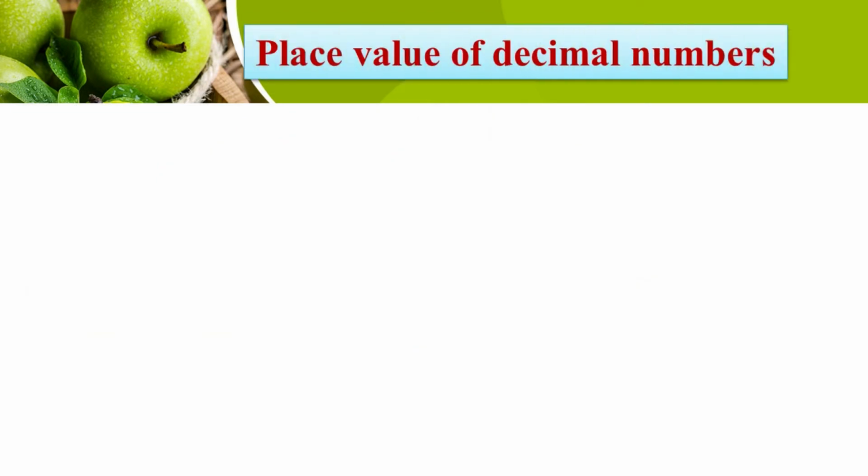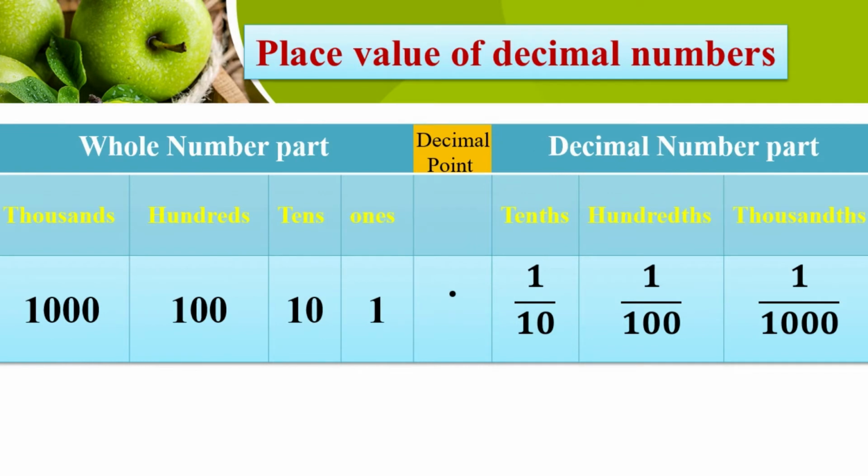Let's see place value of decimal numbers. Decimals have two parts, one the whole number part, another the decimal number part. See place value of the whole number part: ones, tens, hundreds, thousands. Let's see place value of the decimal number part: 1 by tens, 1 by hundreds, 1 by thousands.